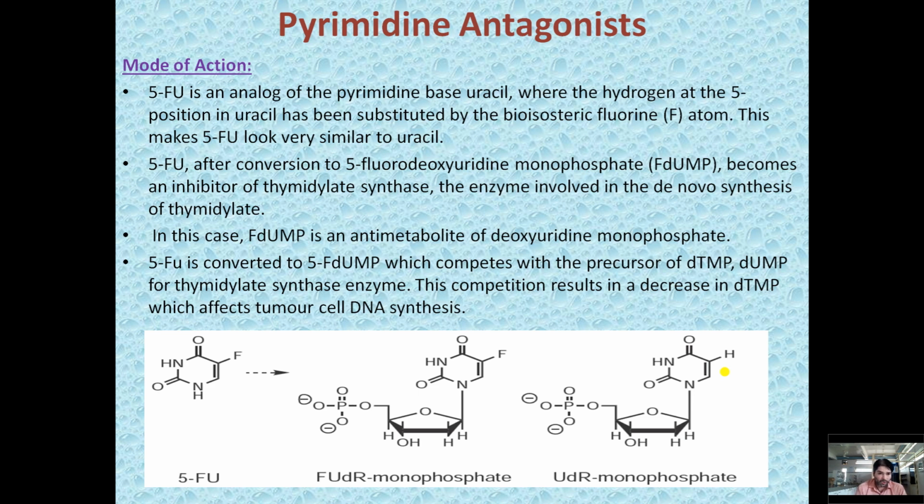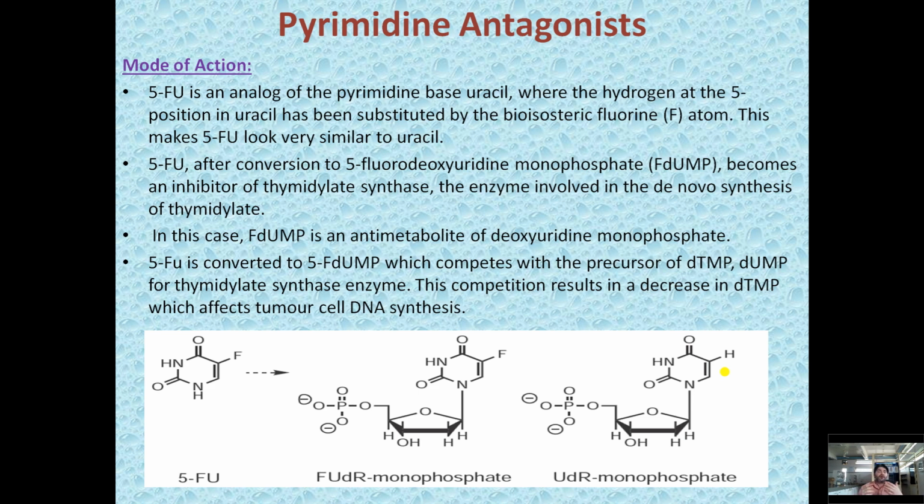So, 5-fluorouracil is converted to 5-fluorodeoxyuridine monophosphate, which competes with the precursor of deoxythymidine monophosphate, deoxyuridine monophosphate, for the thymidylate synthase enzyme. This competition results in a decrease in deoxythymidine monophosphate, which affects tumor cell DNA synthesis.